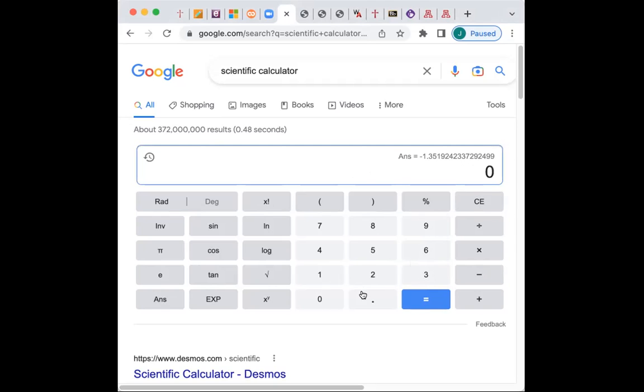So we do negative 3.126 divided by negative 3.126 plus 17. No, that doesn't make sense.